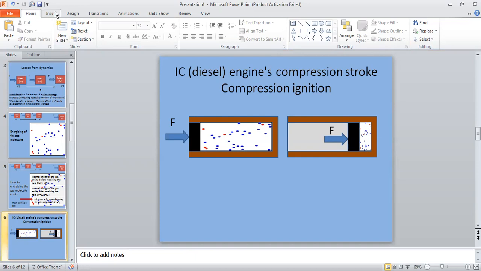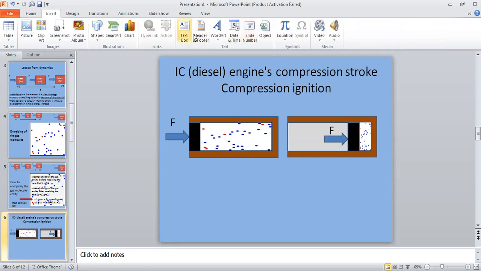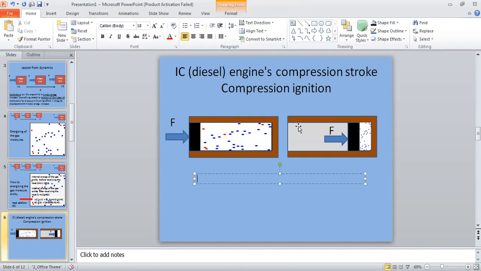So because of this force, the gas molecules together receive the work done. See, the dynamics example really helped you.